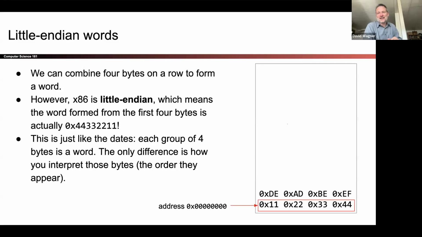So just like with dates, we said, how are we going to interpret a bunch of numbers as a date? How are we going to interpret 4 bytes as a number? Little endian says you treat the first, the left, the smallest address byte as the least significant byte in the number. Okay.